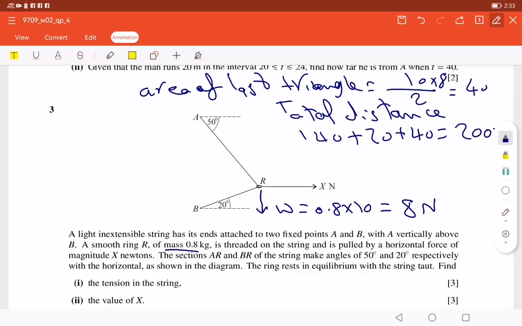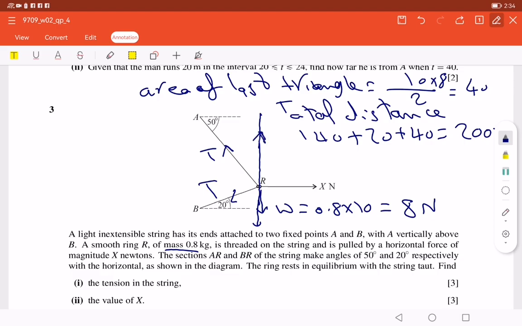By resolving the two tensions in the two strings, look here, the first tension is T and the second tension is also T. Why? As the ring is smooth, so the two tensions are equal. Now we need to resolve the first tension and the second tension in the vertical direction.